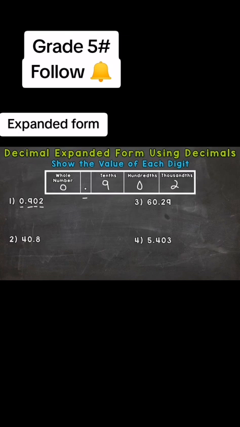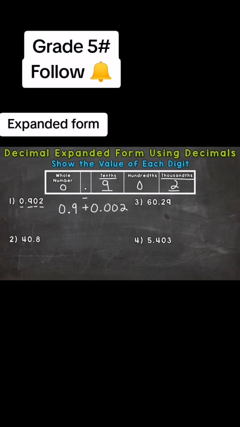The 9 here, again, we're going from left to right. So that 9 has a value of 9 tenths. And we write that as a decimal like this, plus. Then we go to the 2, which has a value of 2 thousandths. So that's going to look like this.